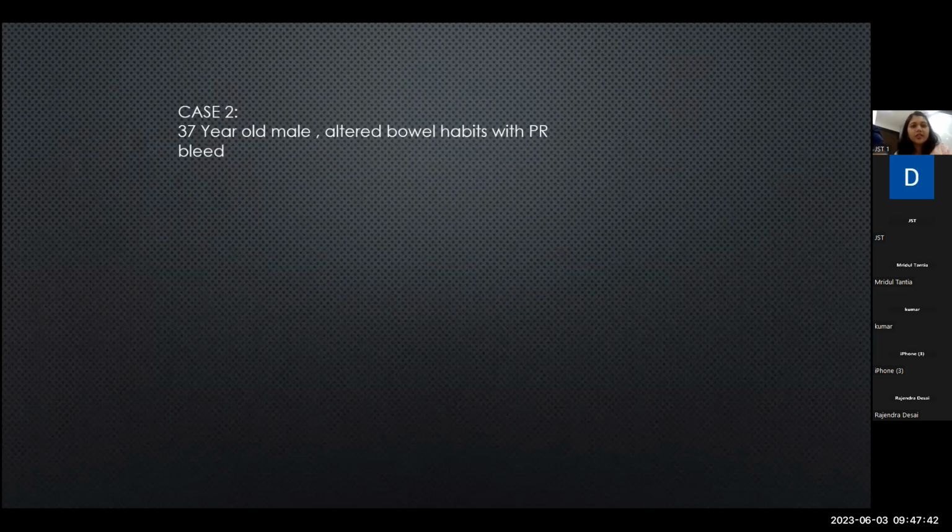Case 2 is a 37-year-old male with altered bowel habits with PR bleed.